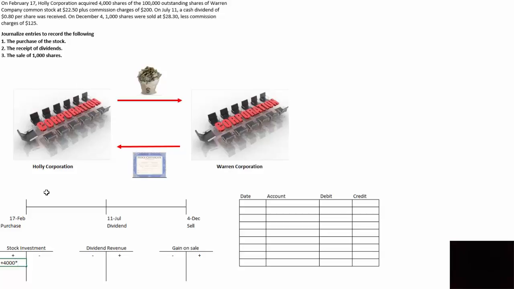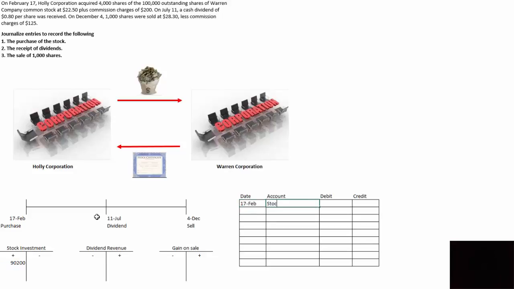We pay $22.50 for each share. That's our cost. So that's $90,000. But remember, we now have costs incurred to acquire that stock. That gets added to the cost. So it's not $90,000, it's $90,200. So our stock investment goes up by $90,200 on February 17th.